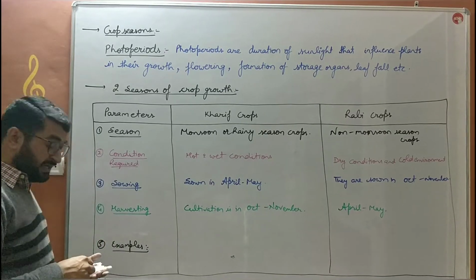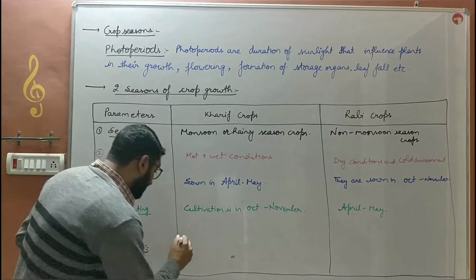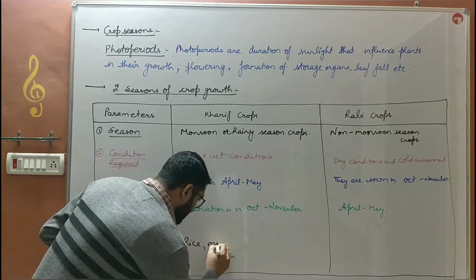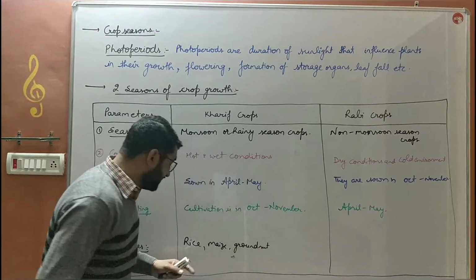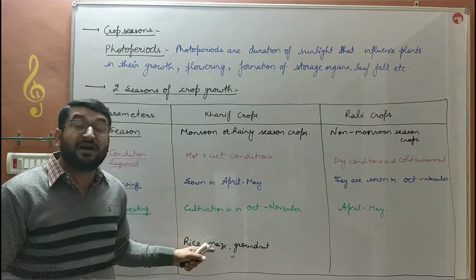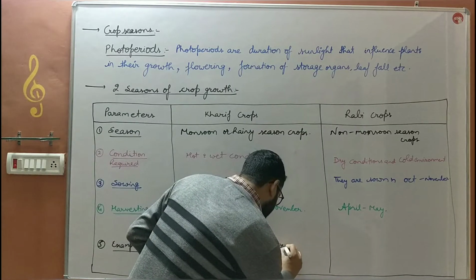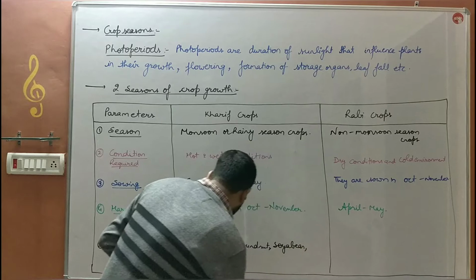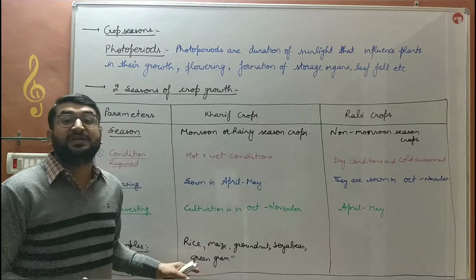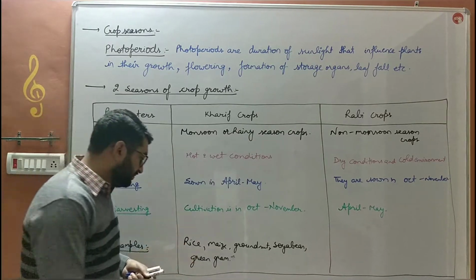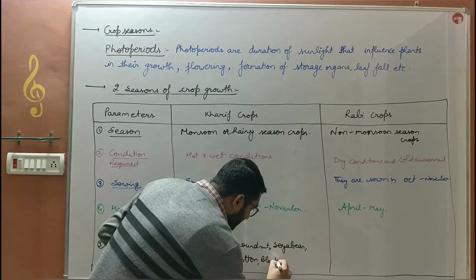Next, examples. The examples of the kharif crops are rice, that is paddy, maize, groundnut, soybean, green gram, cotton, black gram.